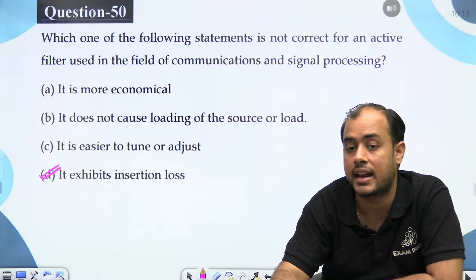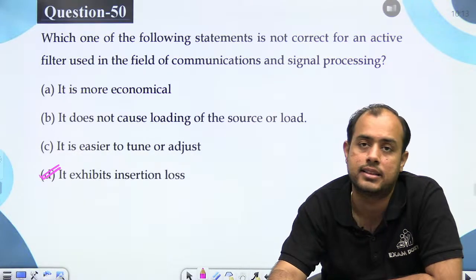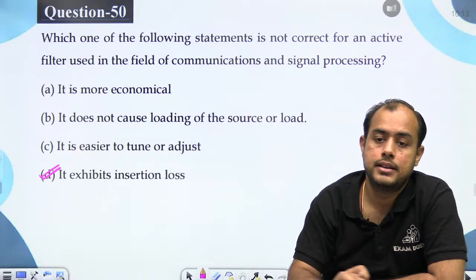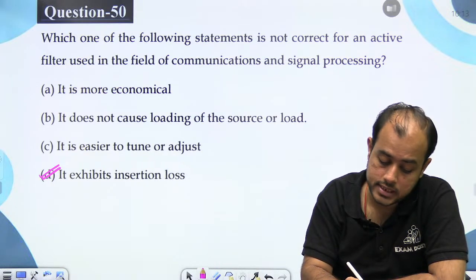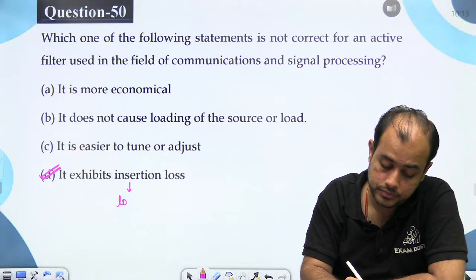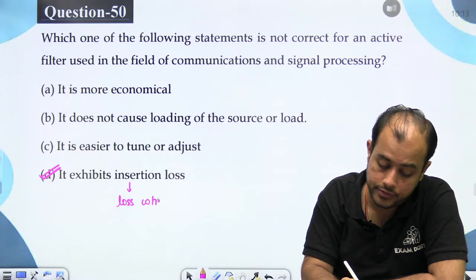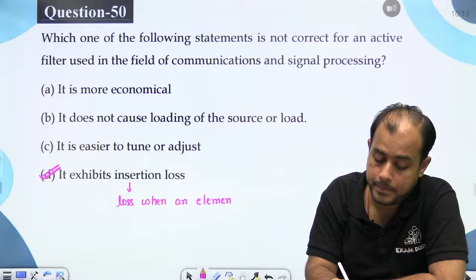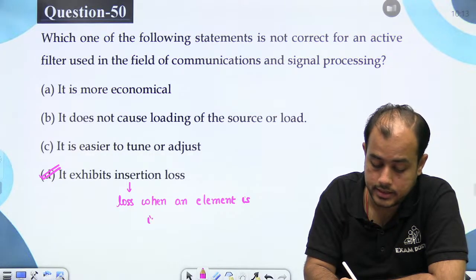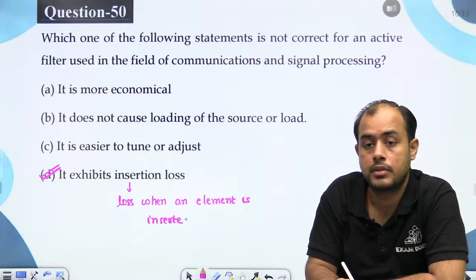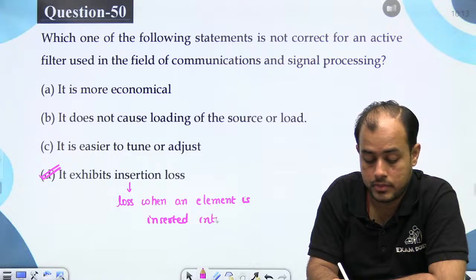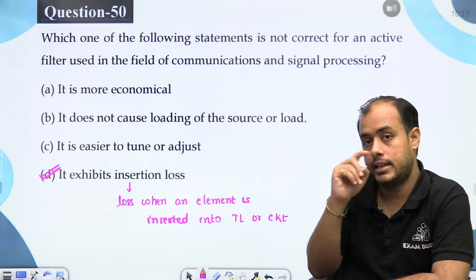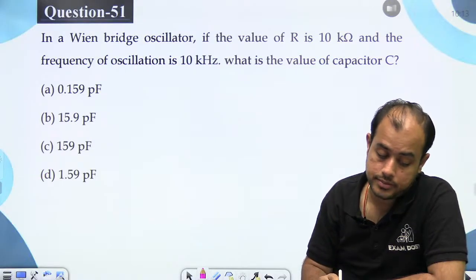Where you use R and C components along with the active device. Okay. तो बेसिकली इंसर्शन लॉस का मतलब क्या है? Loss when an element is inserted into a transmission line or circuit. ठीक है, this happens during communication.